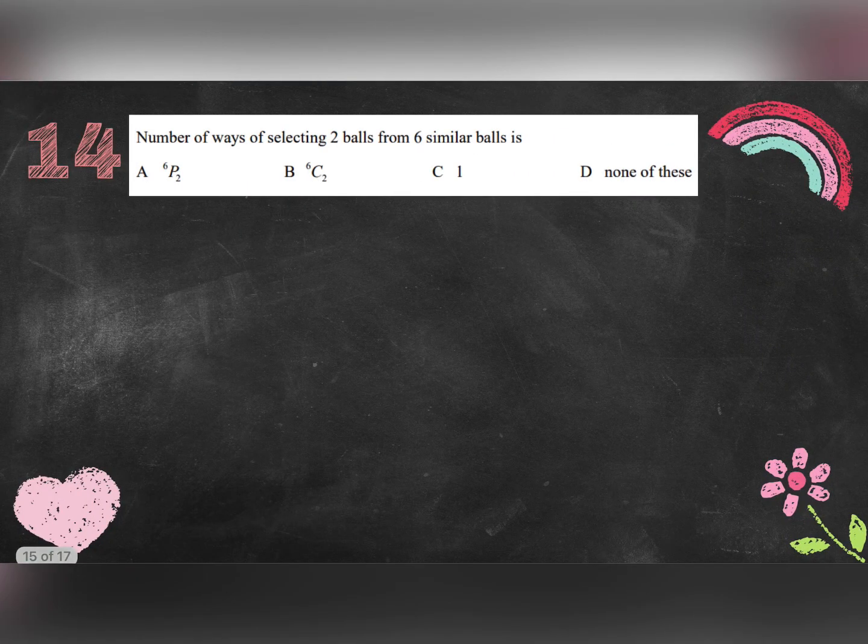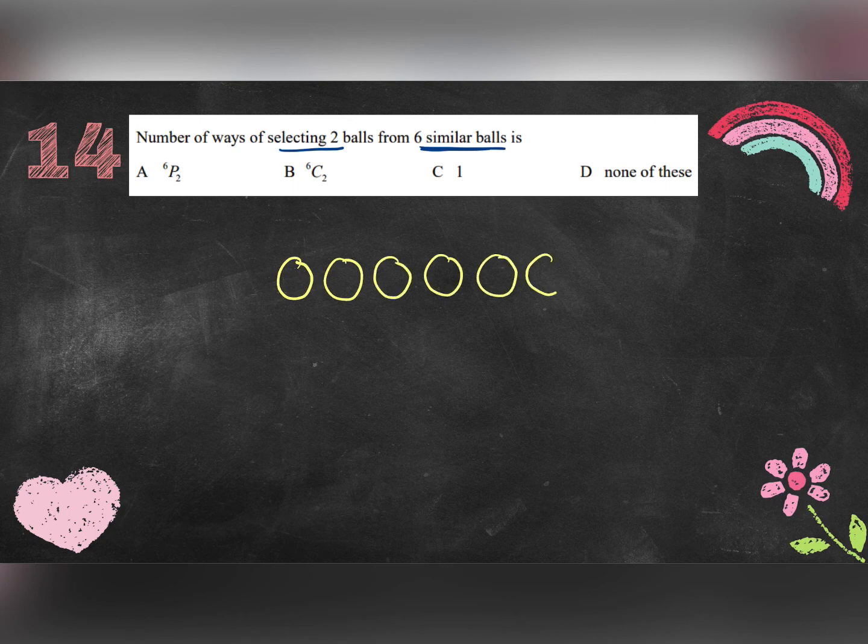Question 14. Number of ways of selecting 2 balls from 6 similar balls. Okay. Bila kita select 2 ball daripada 6 similar ball, for example dia macam ni lah. Ini bola pertama, bola kedua, bola ketiga, bola keempat, bola kelima dan bola keenam. Okay. Kita nak select. Select maksudnya dia adalah combination.